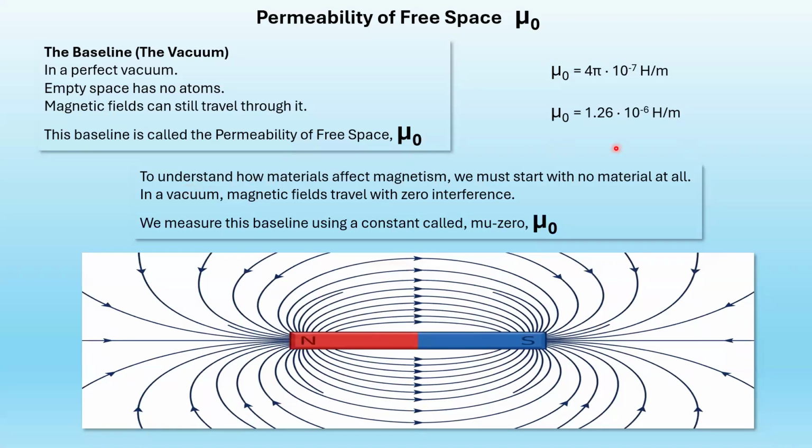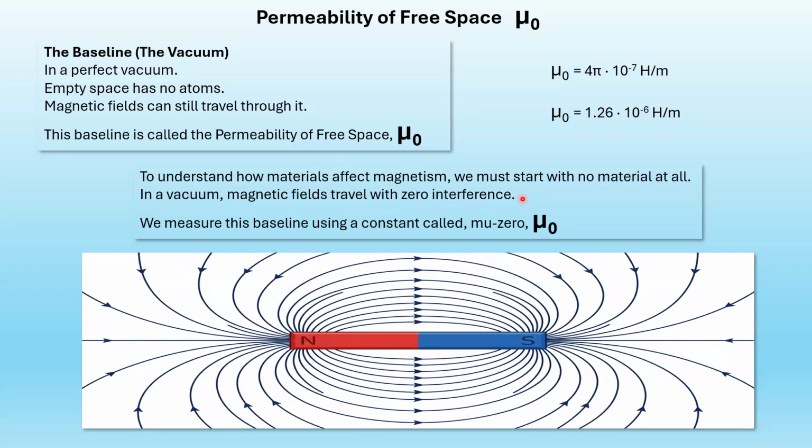All right, so that's the unit. We got the unit. We got some values happening here. All right. What did I write here? To understand how materials affect magnetism, we must start with no material at all. All right, so we have the coil wrapped around nothing. In vacuum, magnetic field travels with zero interference.